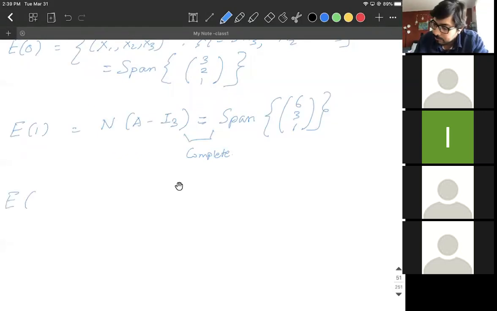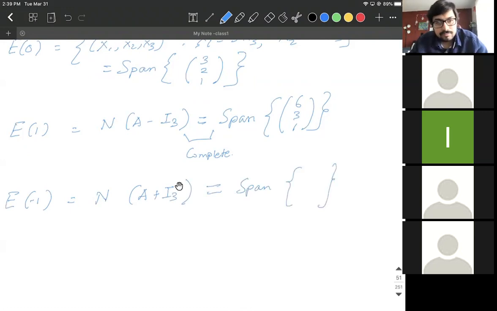Similarly, E of minus 1. This would be the null space of A plus I3. Okay, so once again, this is the span of, once again, this I leave you to complete. These are just exercises in finding null spaces, so it's nothing new.